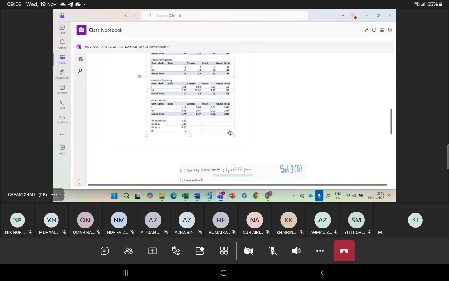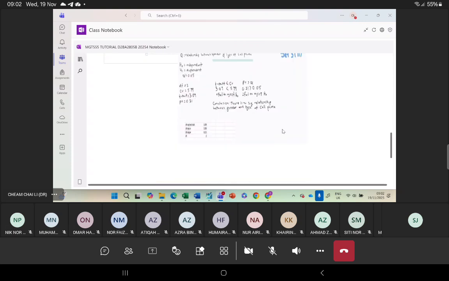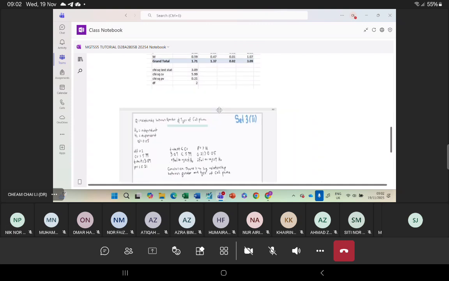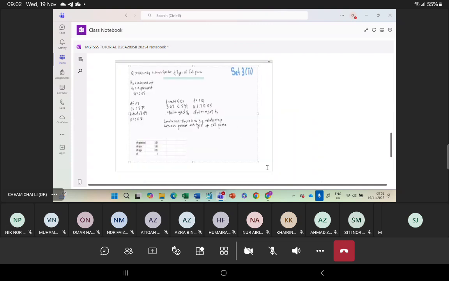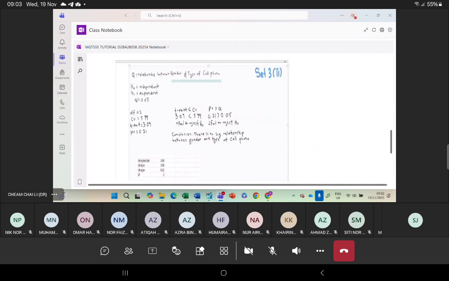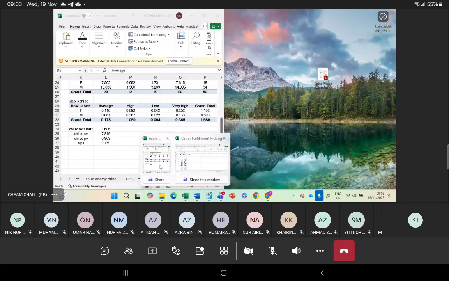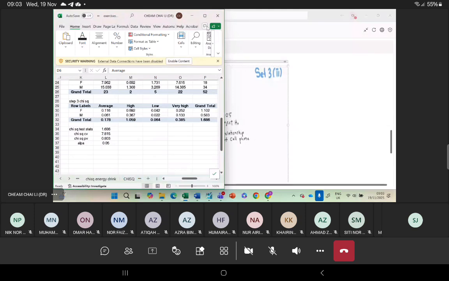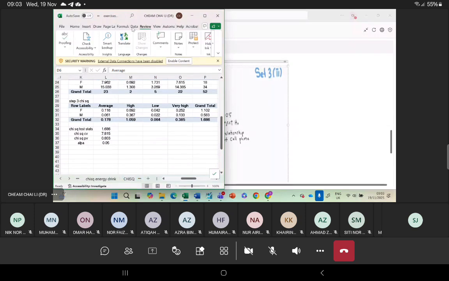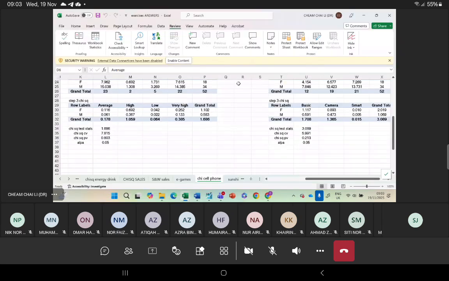So you are looking at number 2. So anyway, type kan, this on type. So let's check kalau untuk this one. So type.